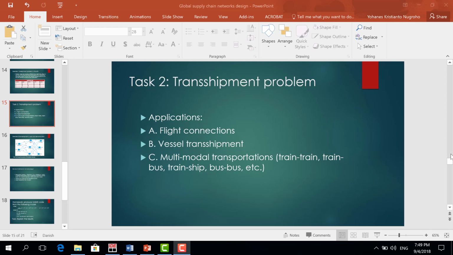The objective is that in the future you should be able to implement this knowledge of coding transshipment problem in GAMS into real applications whenever you go for your future jobs. And now we will go further into our test in transshipment problem.